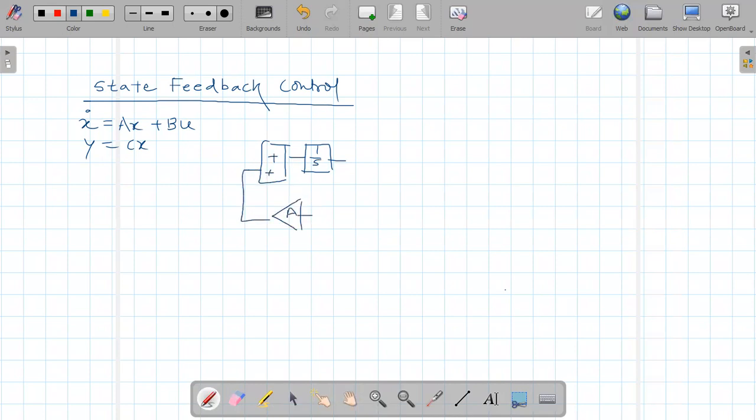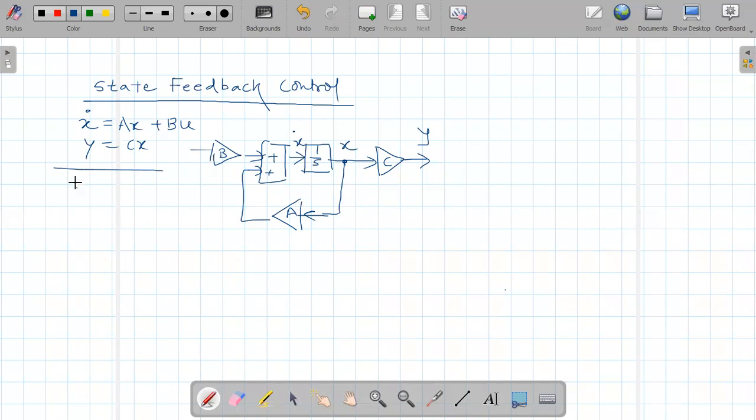Here it will be the A matrix, x, x dot, here it is B, here it is C, here it is Y. All right. So this is a state space representation or state flow diagram.